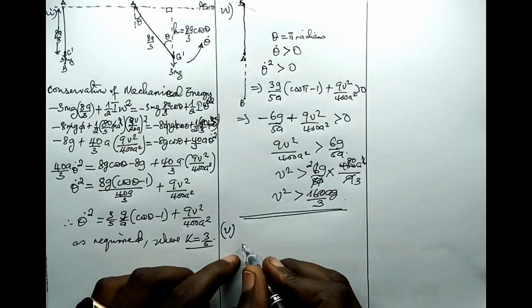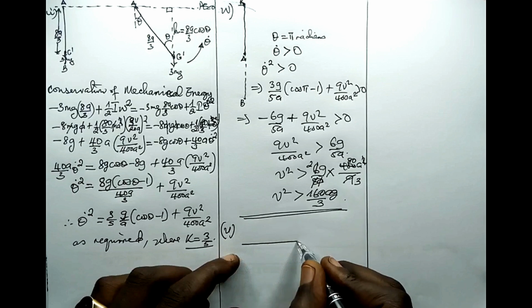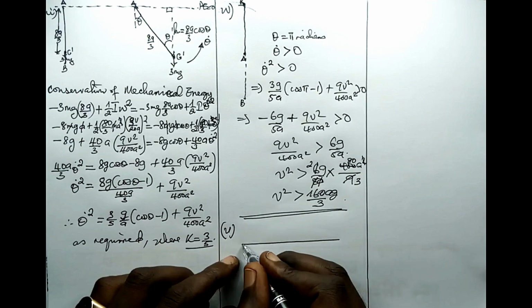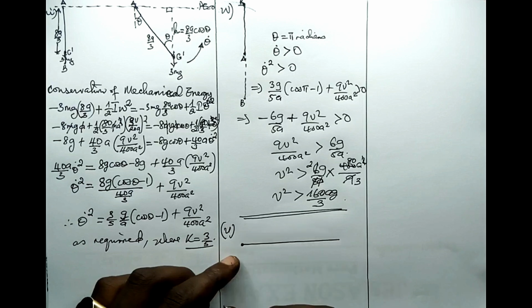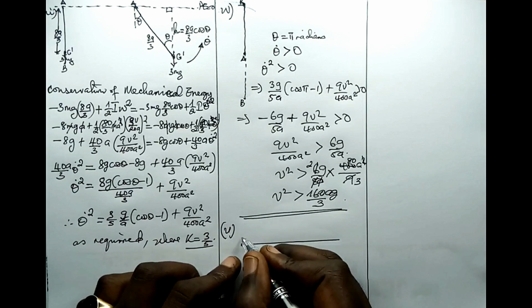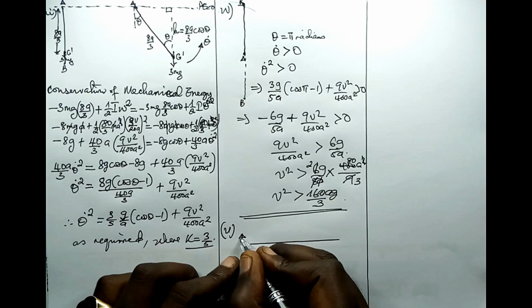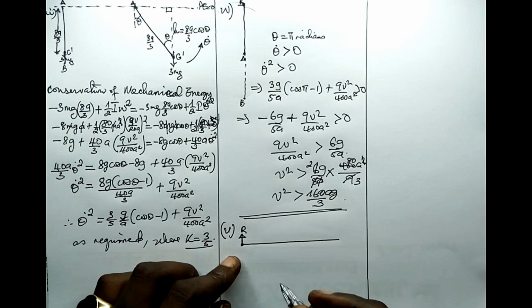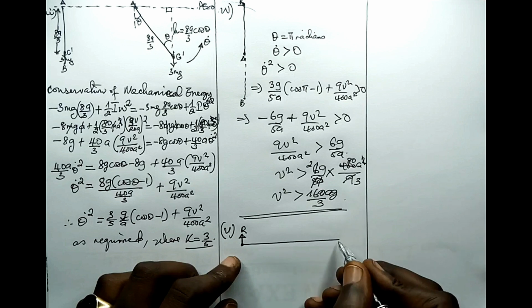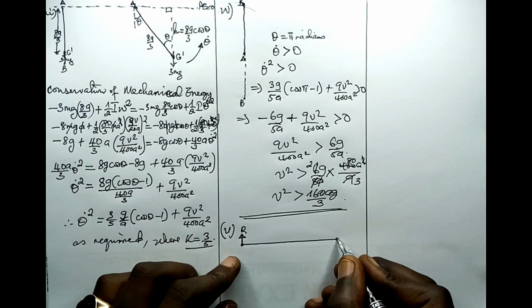So when the system is horizontal, we are at this point. If there is a component of the reaction that is vertical, then we are talking of this. And G prime is supposed to be acting here.